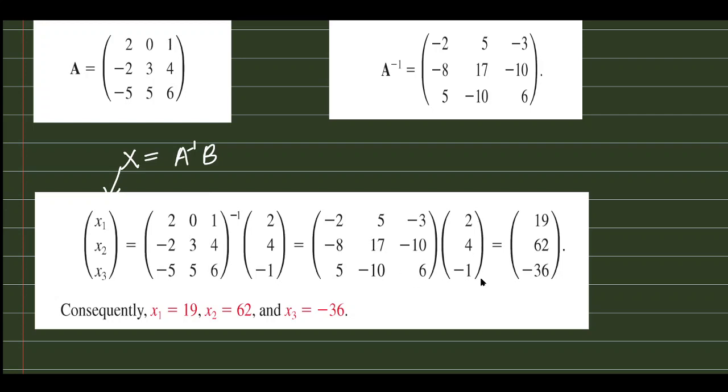And if you do matrix multiplication, it is very easy to get the answer. That's 19, 62, minus 36. So x1 is 19, x2 is 62 and x3 is minus 36. So if the determinant of the coefficient matrix is not equal to 0, we can solve the system of equations using the inverse of that matrix.